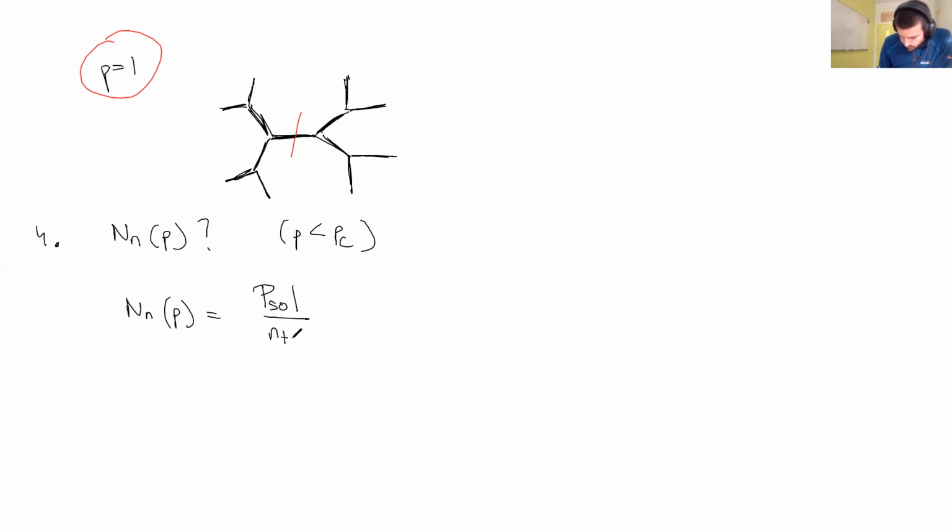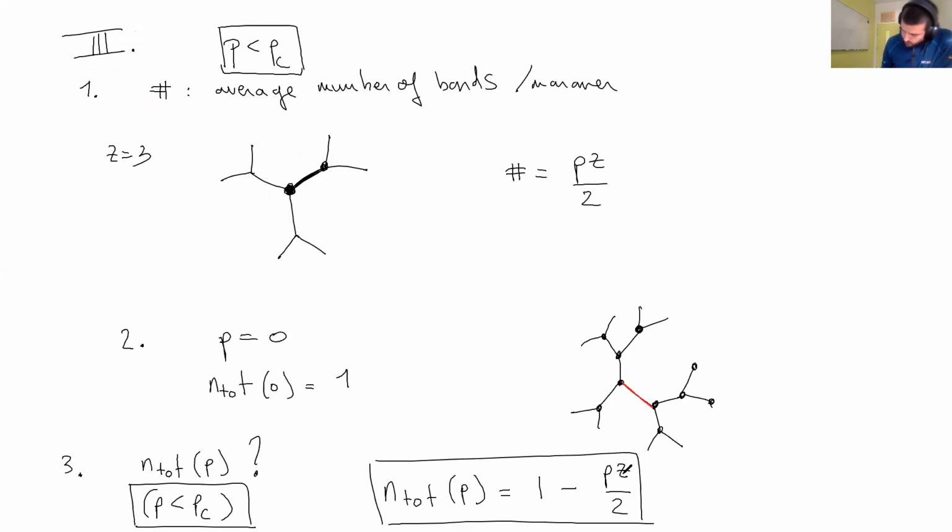And what is P sol? Remember, I am below the gelation point, so there is no gel, so P sol is equal to 1. All the monomers belong to finite size polymers. And I just found N tot, which is itself a function of P, which is 1 minus Pz over 2.